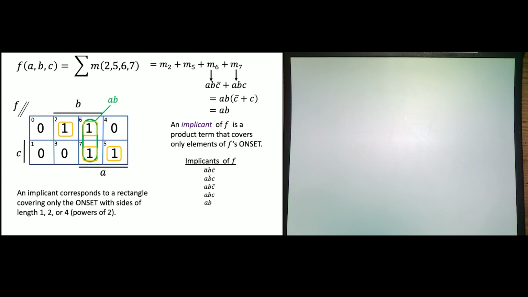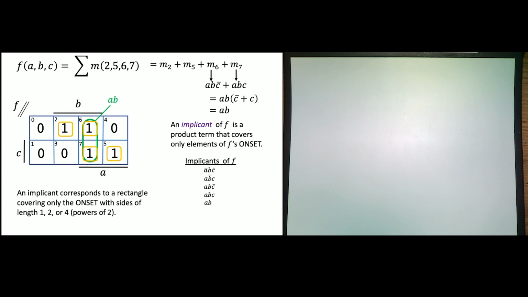You cannot have any 3s. Do not draw any rectangles of dimension 3. That's because they will not correspond to a product term. So the product terms correspond to rectangles whose dimensions are 1, 2, or 4.